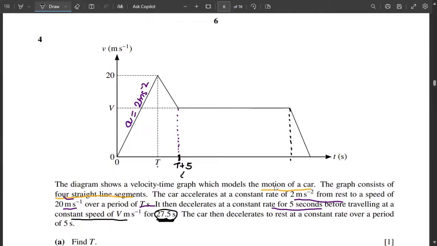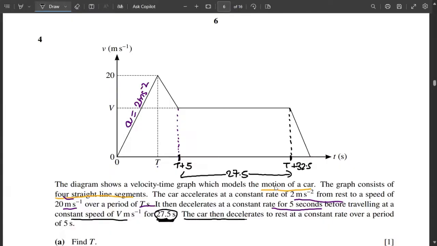So this distance will be 27.5. If I want to mark here T plus something, this will be nothing but 5 plus 27.5, which is 32.5. So this point exactly will be T plus 32.5.